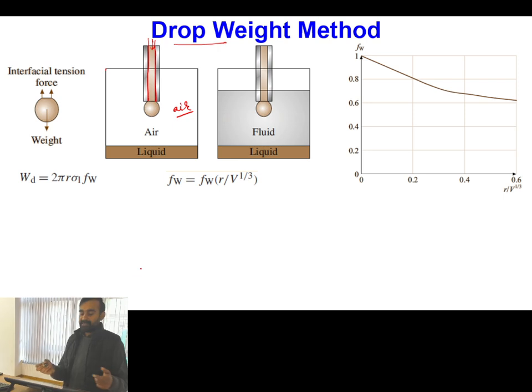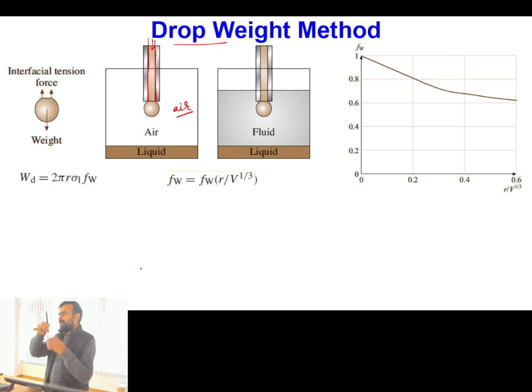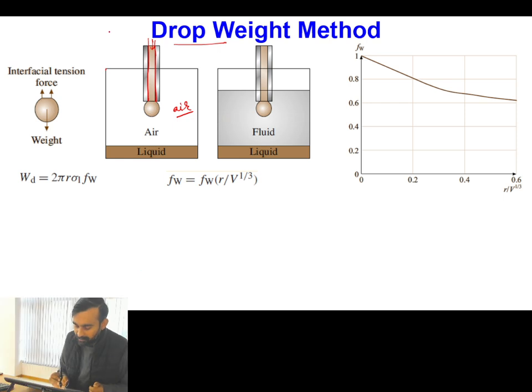In this scenario, what will happen? If you have a very thin needle and you observe when water comes out of the needle, it initially comes in the form of a small drop, and slowly the size of this drop keeps on growing.